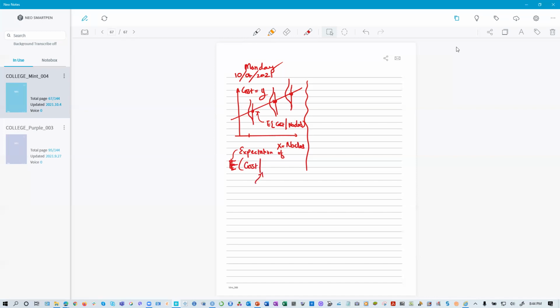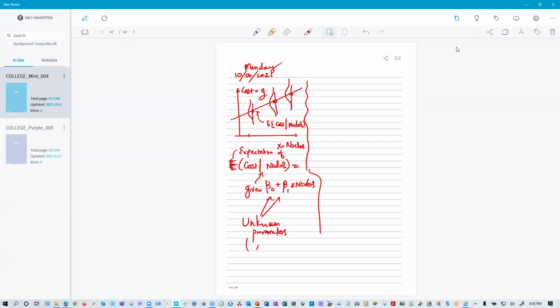This means given. For a given number of nodes, cost is given by this model, beta naught plus beta 1 times nodes. Since these two are unknown, they are called unknown parameters.